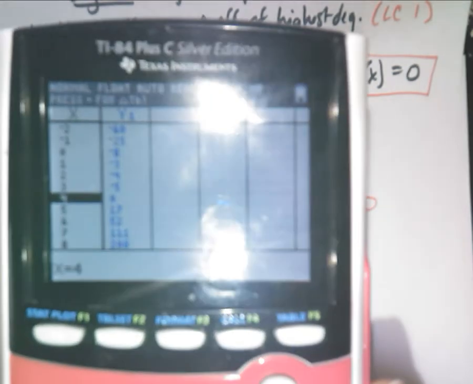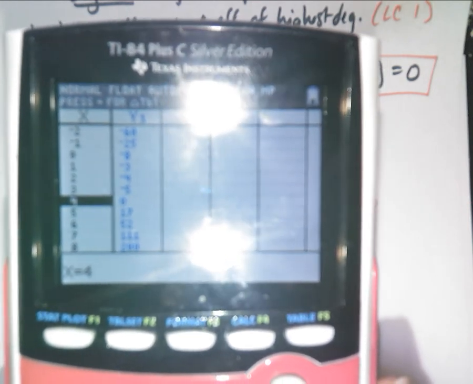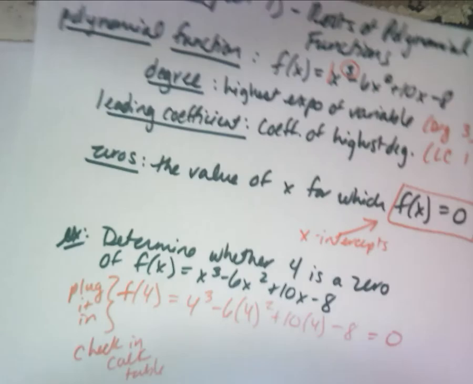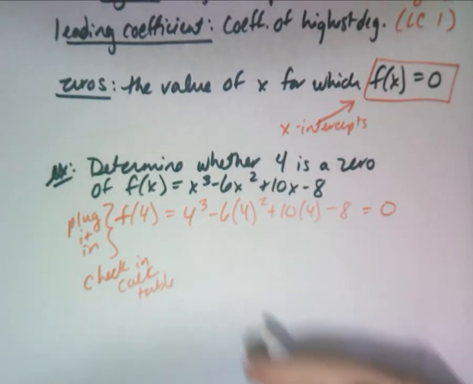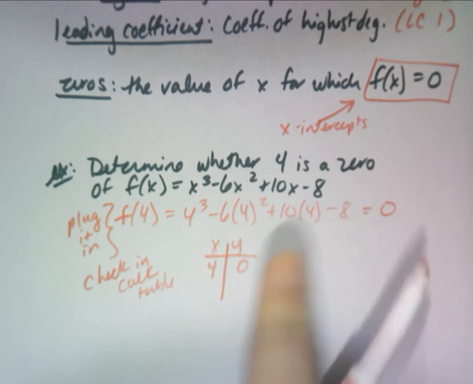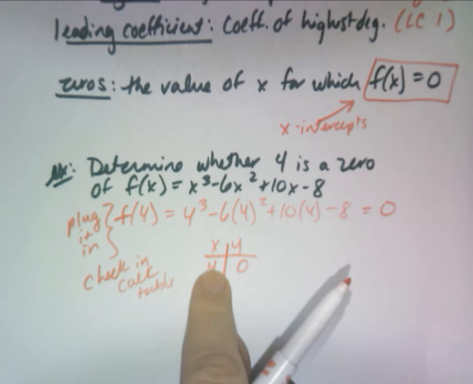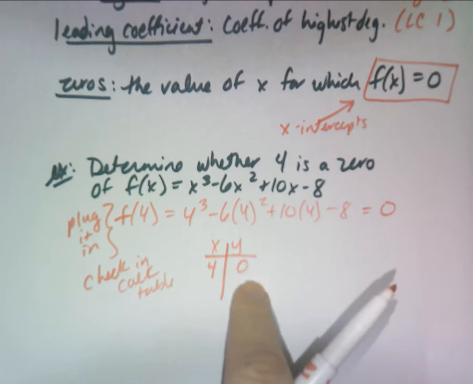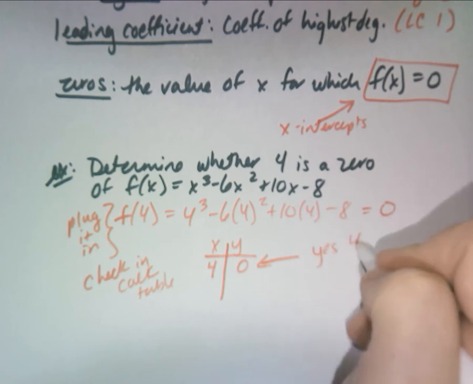I know it's hard to see. The calculator will do the plugging in for you. So I checked my table. I went to 4. I got out 0. Now be careful. A lot of students go to 0 here on the X, and that's not what we want. We want 0 to be our Y output. So yes, 4 is a zero.